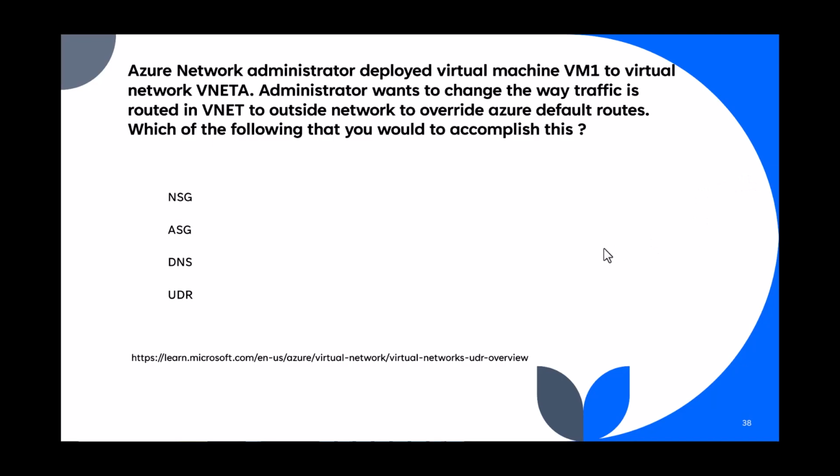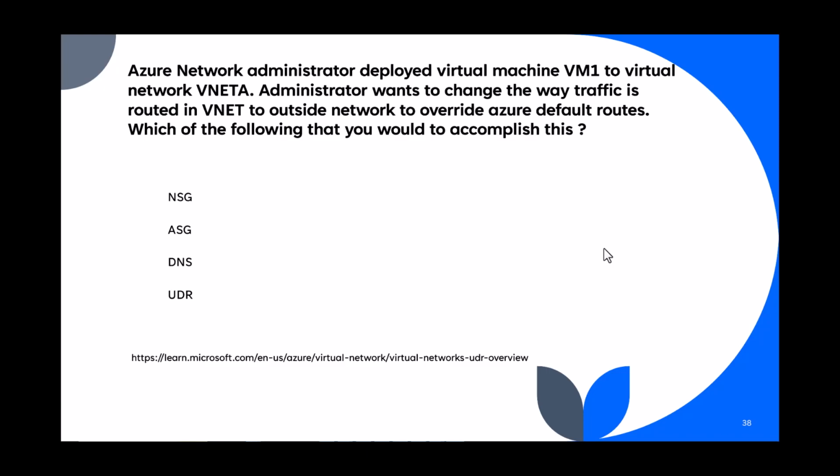An Azure network administrator deployed a virtual machine, VM1, into virtual network VNet A. The administrator wants to change the way traffic is routed in VNet A to an outside network, to override the Azure default routes. Which of the following would you use to accomplish this? The options are network security group, application security group, DNS, and UDR. It's talking about routes.